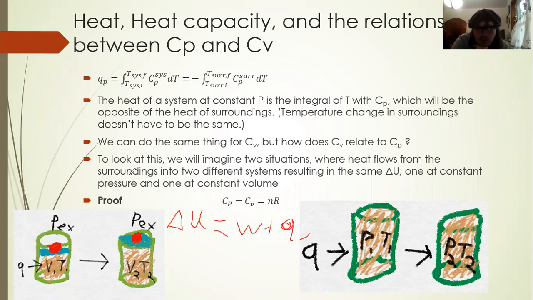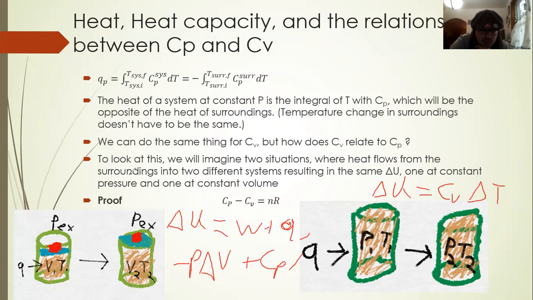So under this situation, delta U is equal to C_V delta T. But in this situation, we have C_P delta T, how much heat flows in, but we also have work, which is negative P delta V, plus C_P delta T.